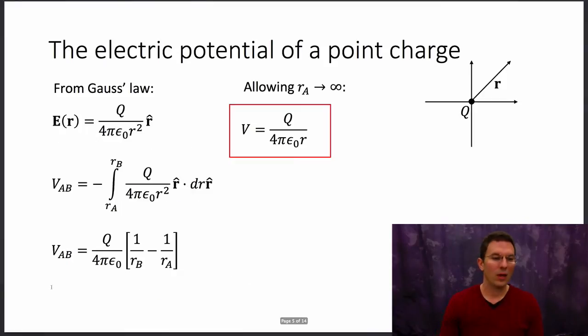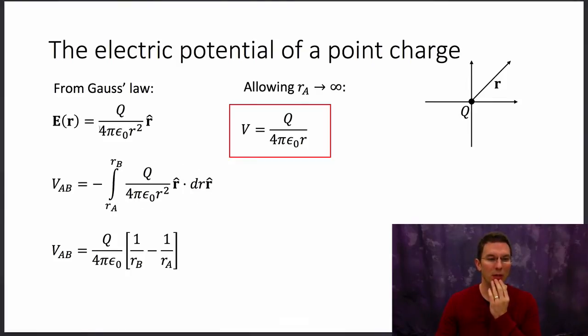So we're integrating the electric field between two points along a line radiating out from the origin like this. For instance, point A might be at this point and point B might be out here. The point is that both points are located somewhere along the line radiating radially out from the origin.